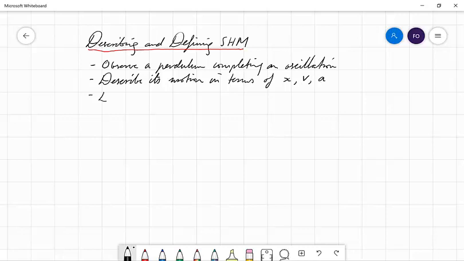And then we're going to define simple harmonic motion in terms of position x and acceleration a. So ultimately we're going to end up with a clear definition of what simple harmonic motion is. So those are our aims for this session.